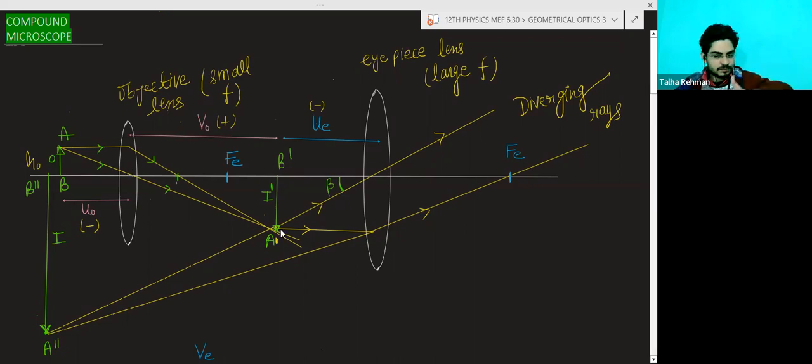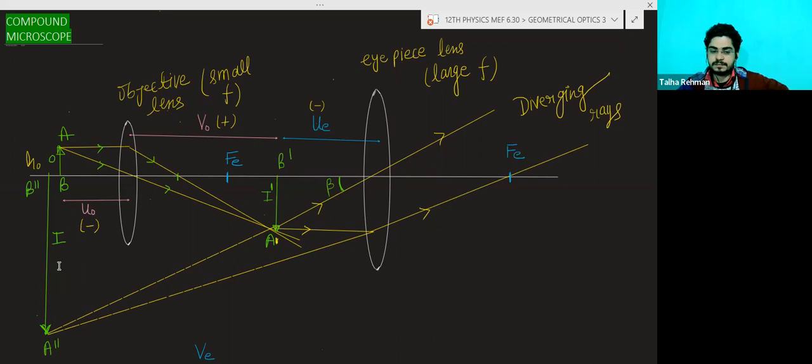Once again, I am explaining this diagram. This was the object that you want to see by using the compound microscope. Finally, what you are getting is this image of this object. For this small object, you are getting this much large image, a very large image of the object, which means you get the specifications of the object more clearly in the compound microscope.